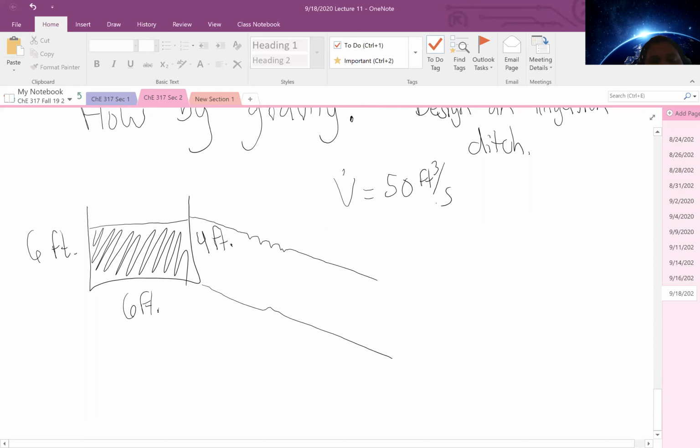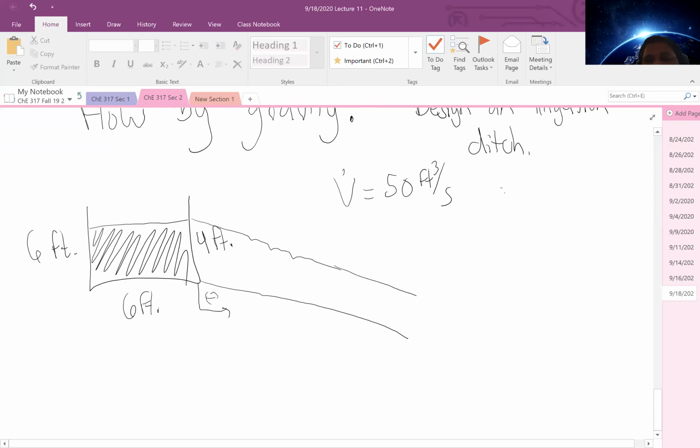So the question then becomes, if in this worst case design where we've got 6 feet of water by 4 feet high, moving 50 cubic feet per second of water, what is the angle or the drop of this ditch in order to handle this flow simply by gravity?